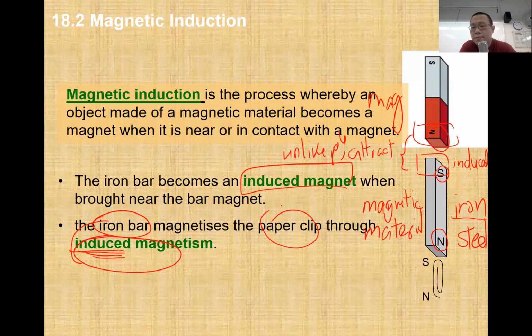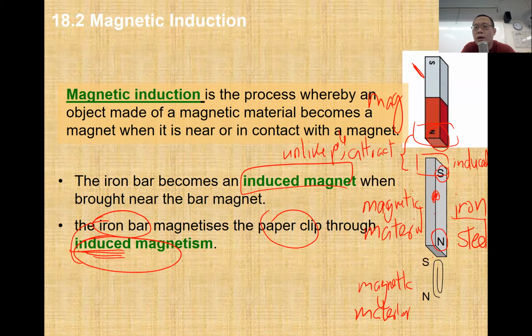And same thing, the paper clip is usually a magnetic material again, because I know it has to be a magnetic material since it will be attracted to the magnet. Same as the previous case, whereby the magnet induced magnetism on this iron bar or steel bar, this iron bar, which now serves as a magnet, will induce magnetism onto the paper clip.